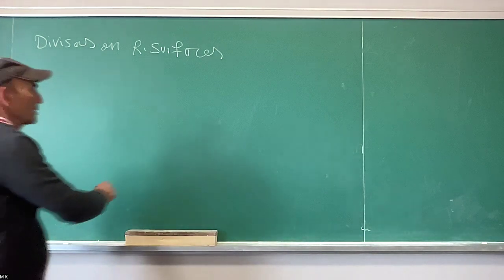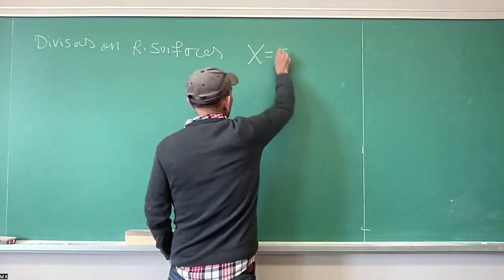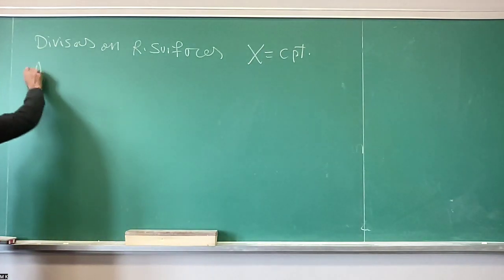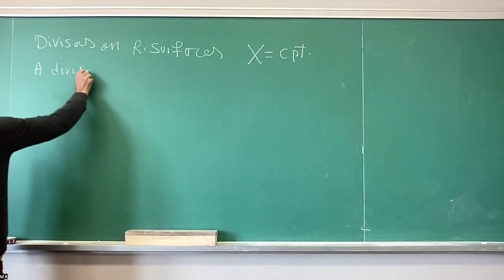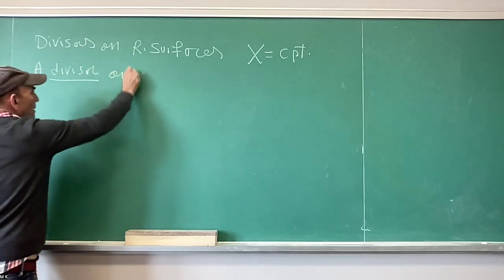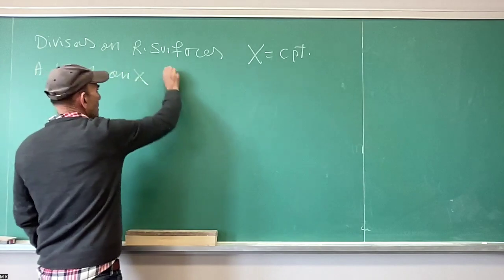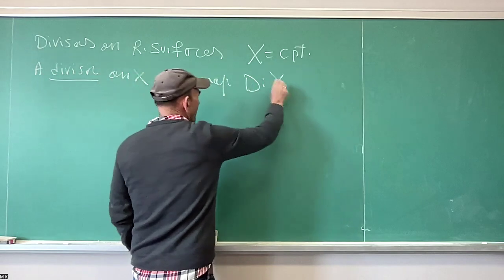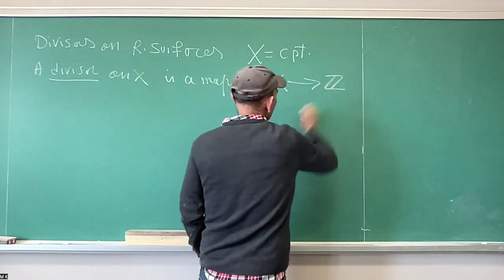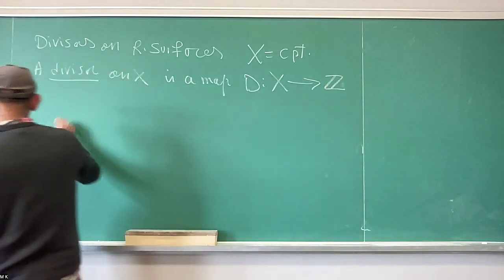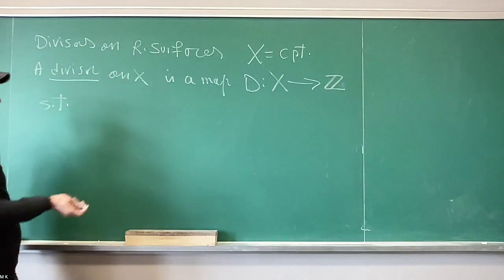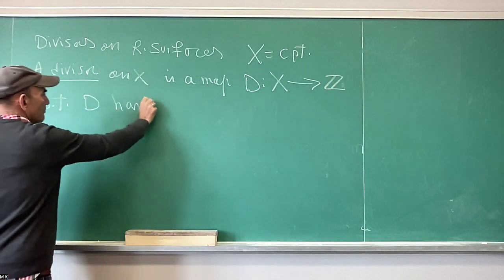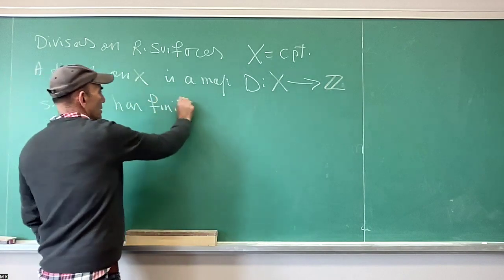So let X be a compact Riemann surface. A divisor on X is just a map D from X to the abelian group of integers Z such that D has finite support.